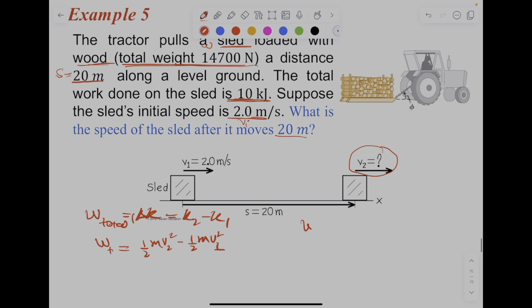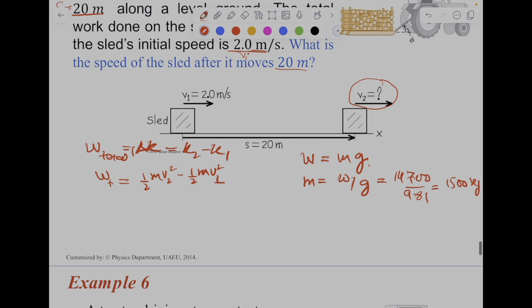So W is equal to mg, so m is W divided by g, so we get 400 divided by 9.81, so we get 1500 kilogram. So now we have the mass.